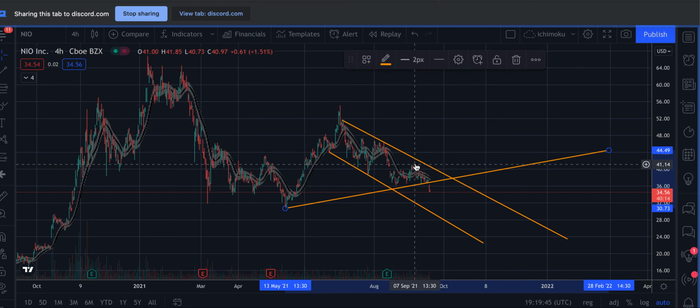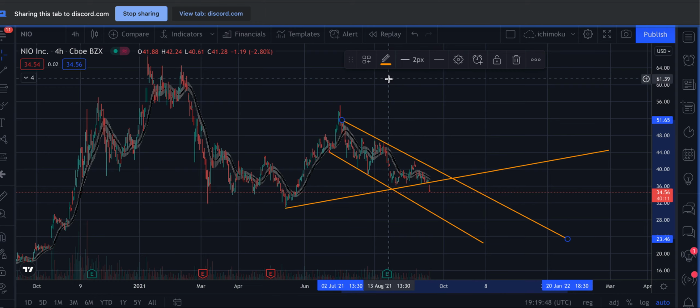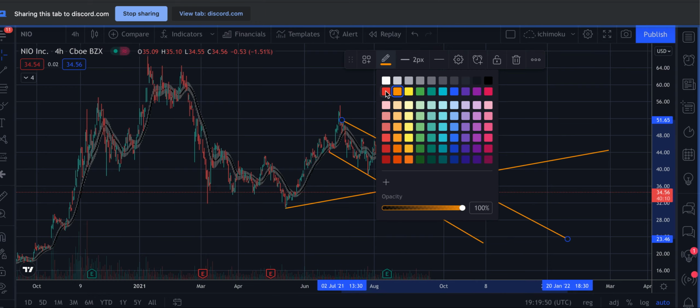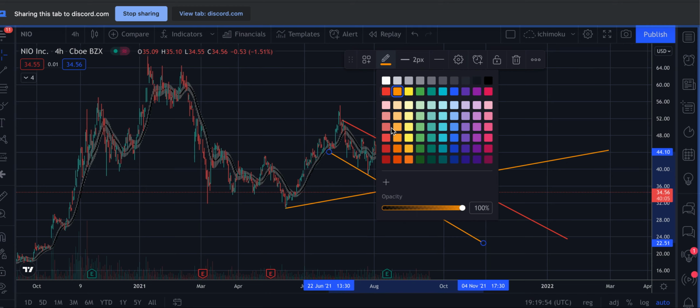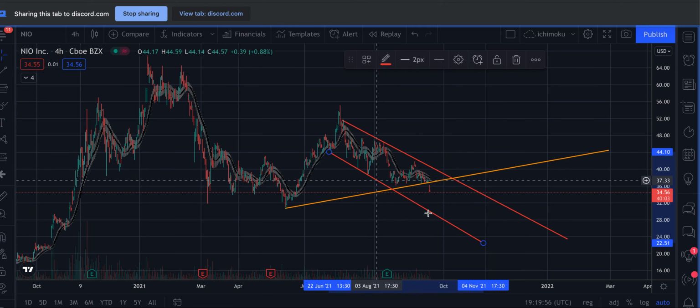Let me just colorize this one. So downtrend, I'm going to put red, so that way you guys know what downtrend is. Put red on it, okay?